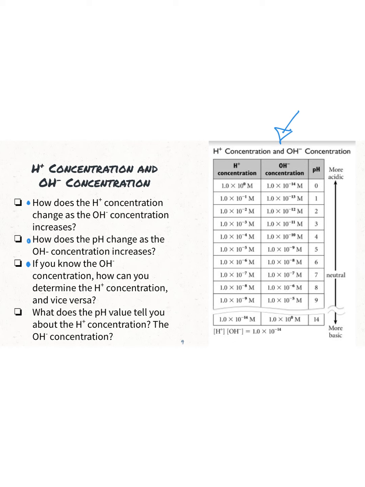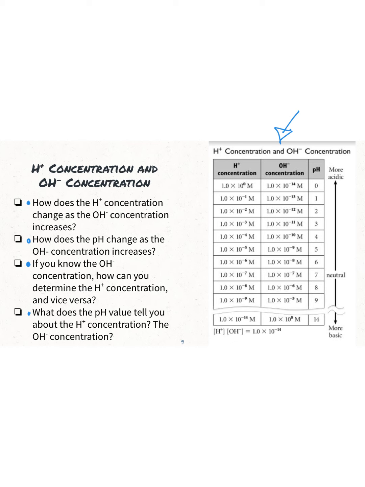Next, if you know the hydroxide concentration, how can you determine the hydrogen ion concentration, and vice versa? Finally, what does the pH value tell you about the hydrogen ion concentration? And what about the hydroxide concentration? So go ahead and pause the video, think about these questions, and then come back, we'll go over it.